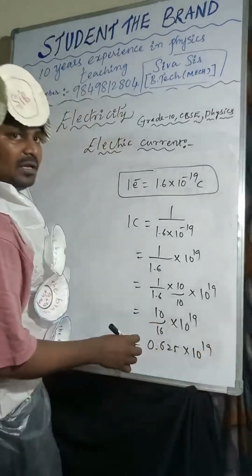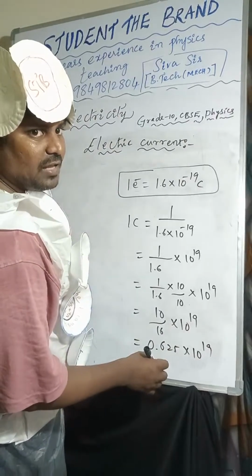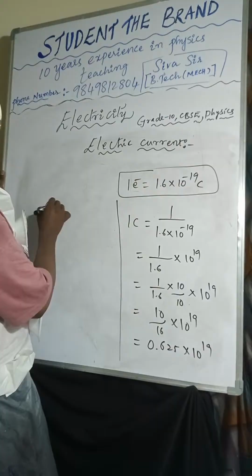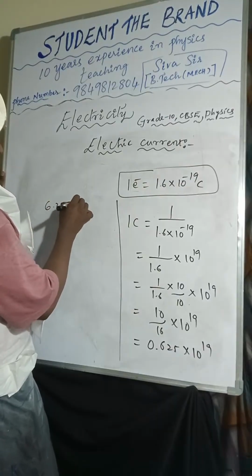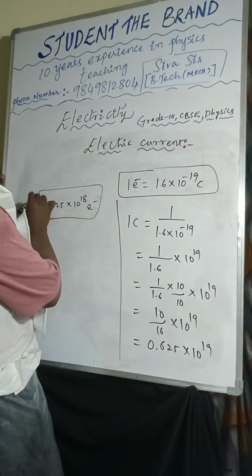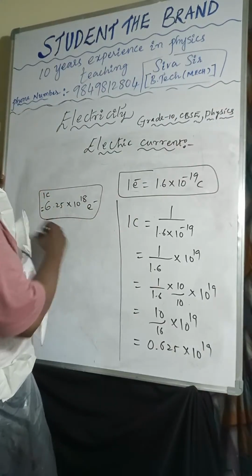If you solve this further, you'll get the answer: 6.25 into 10 power 18 electrons. So in 1 coulomb, this many electrons are present.